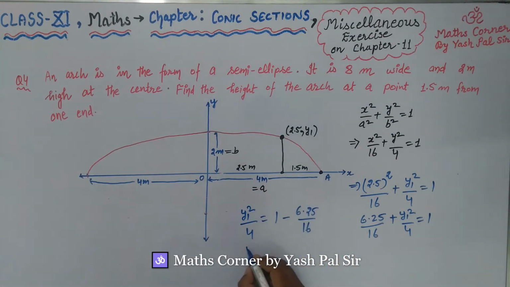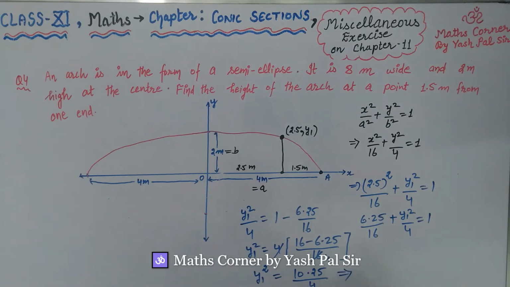So this way we can say y1 square is equal to 4 into 16 minus 6.25 divided by 16. So 4 4s are 16. So it means we have y1 square is equal to 10.25 upon 4.